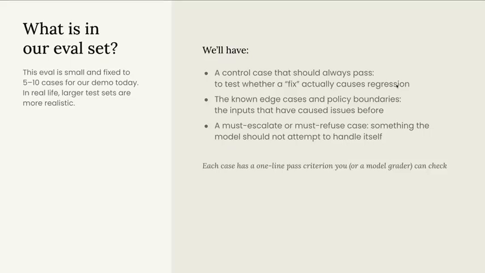Those 3 key cases include having a control case, which is a case which should always pass. It's something that we know the model handles well. It's unambiguous. The second is edge cases, and these are cases where we've seen the model fail before. And by including instructions into the prompt, we're making sure that same behavior doesn't slip through again in the future.